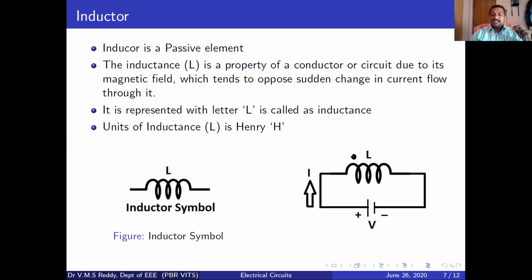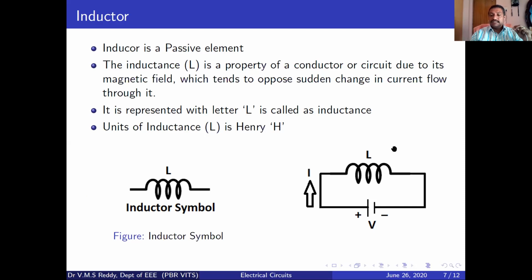Here the magnetic flux is produced in this inductor, and it is linked with a number of turns. Therefore the inductance is developed. Because of this magnetic flux, it does not allow sudden change in current flow through it, but allows steady state current flow. That is the basic property of the inductor.